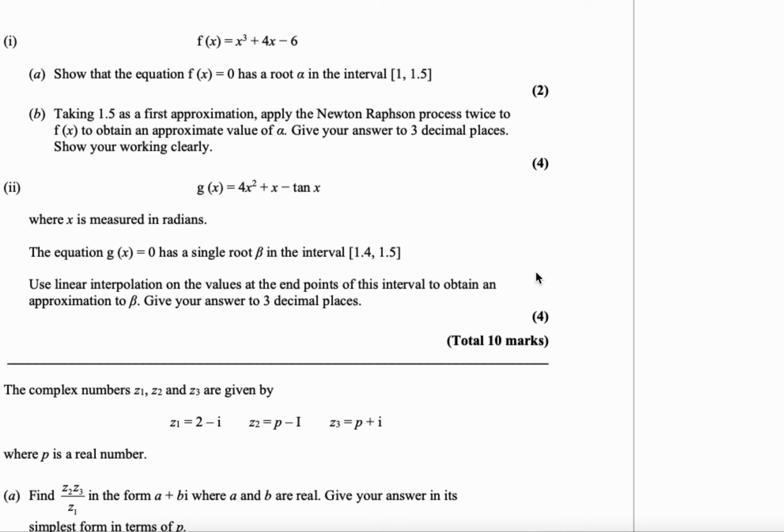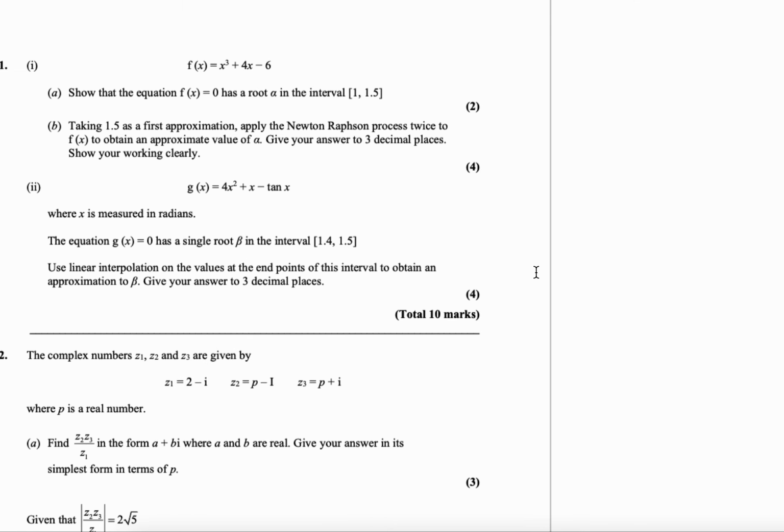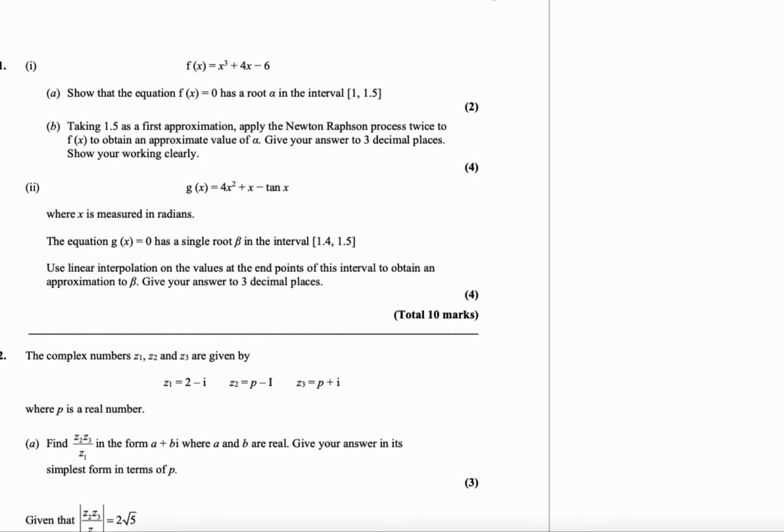So all we need to do is substitute the ends of the interval and show that there's a sign change. Remember, you don't need to find the value, you just need to show there's a sign change. So f of 1 is 1 plus 4 minus 6, so that's negative.